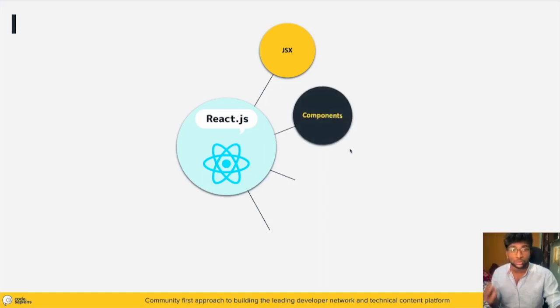And the next most important thing is that React.js is a component based UI library. It means you divide the web page into small components. So let's say you have a header, footer, side navigation, main content. Everything you see in a web page should be divided into components because of separation of concerns.